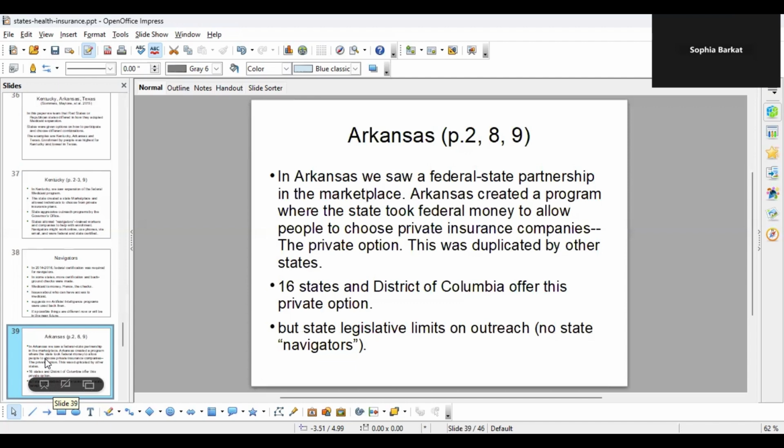In fact, 16 states and the District of Columbia offer this private option. However, state legislation limited the state's ability to engage in outreach. So remember that in Kentucky, the governor's office became very involved in making sure there was outreach. But in Arkansas, we see the opposite.